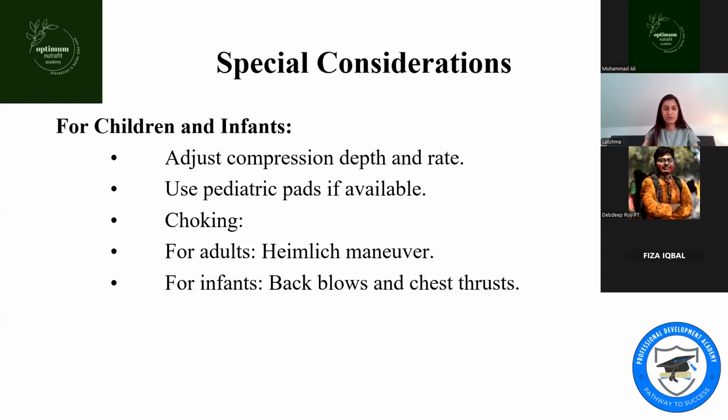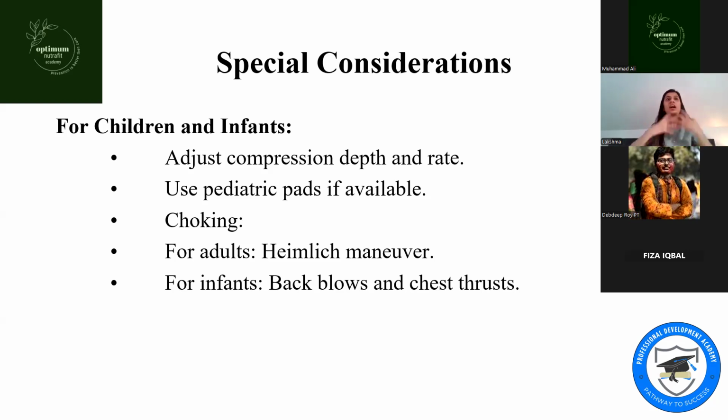The adult maneuvers are a bit different. If they are choking, we have to stand behind them, hold them with our arms, make a fist and put it in front of their abdomen, and give the thrust in a forward and upward direction to relieve it, with full pressure, 5 times.